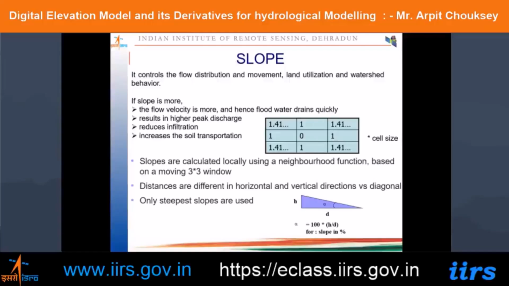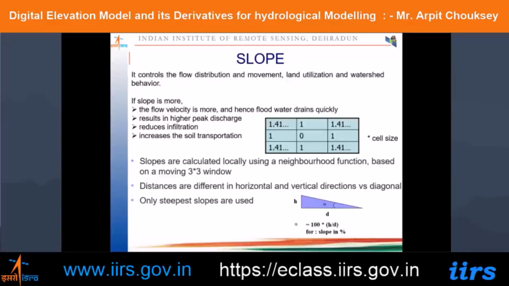So we can see a matrix here. The center pixel is designated as 0, and 1 is written for the 4 surrounding pixels. It is the distance from pixel to pixel. However, the diagonal pixel is represented as 1.41, which is the square root of 1 squared plus 1 squared, that means the square root of 2, 1.414.